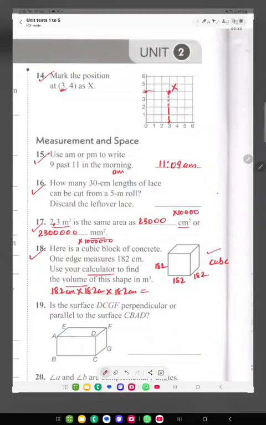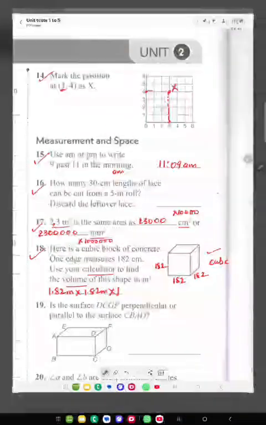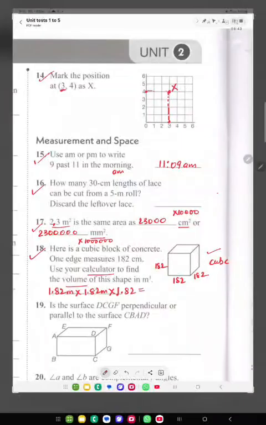And they also said to give this volume in cubic meters, so you can instead do 1.82 times 1.82 times 1.82. Let me just do it in meters, because 182 centimeters is 1.82 meters. So just convert and then multiply, you will get your answer in cubic meters.